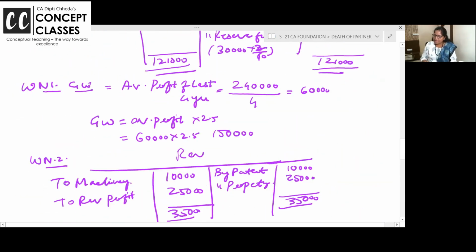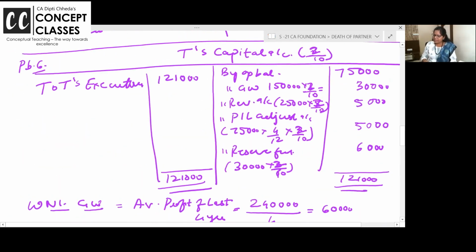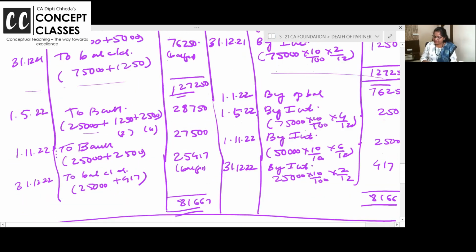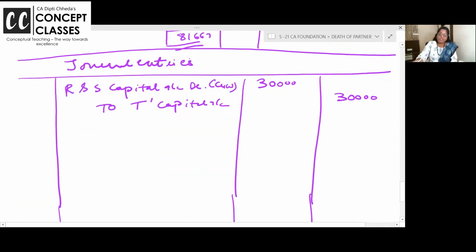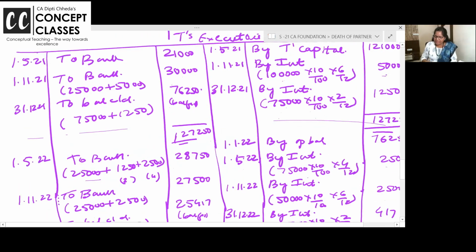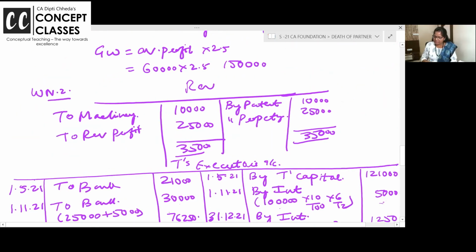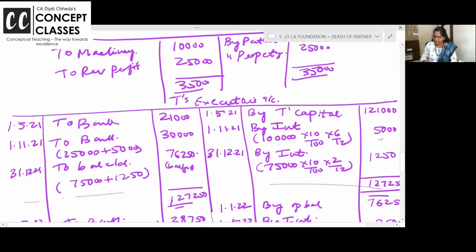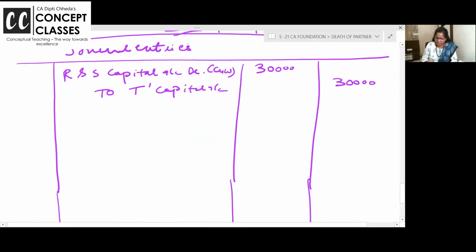Next what you are giving him? Revaluation profit and P&L adjustment 5,000. So for revaluation you will have to pass all the entries. Where are you increasing the value and where are you reducing it? Patent and property you are increasing, 10 and 25.